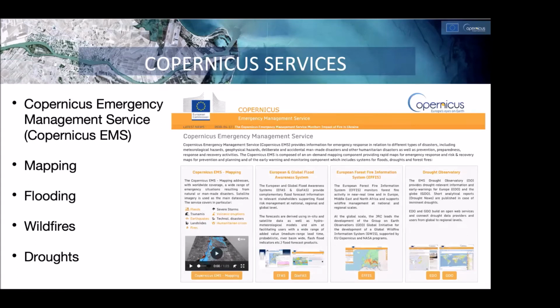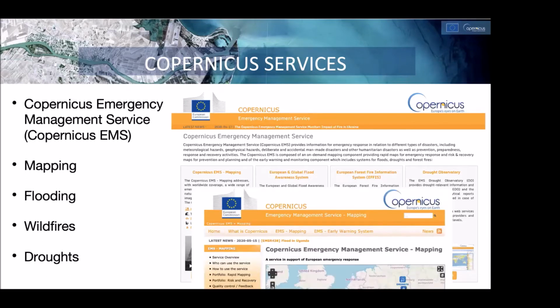Here's another one that could sound very far outside of the domain we're supposed to be focusing on. But the Emergency Management Service also has information about vegetation, essentially.